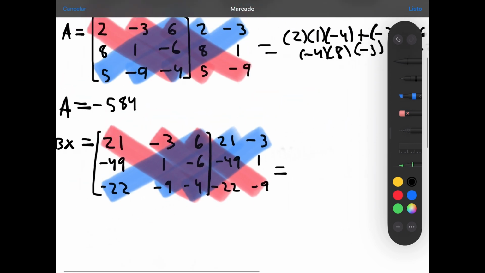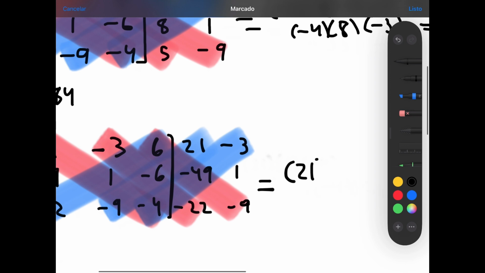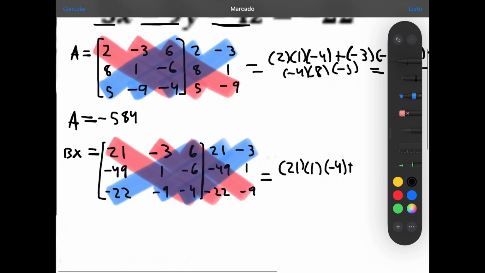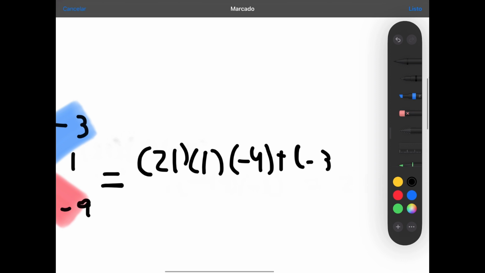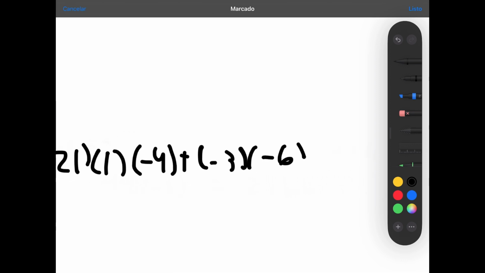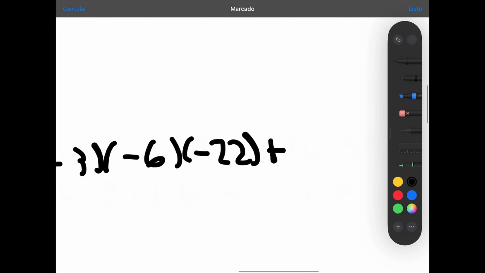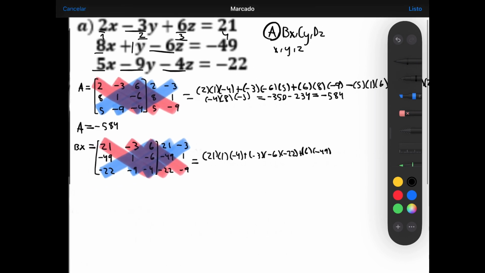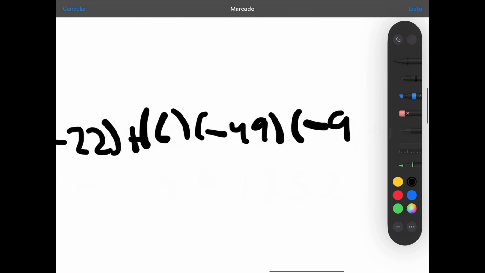So it will be 21 times 1 times minus 4 plus minus 3 minus 6 minus 22 plus 6 minus 49 minus 9.